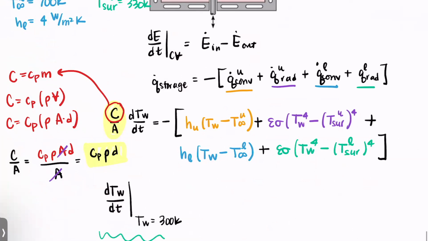I'm going to move my CP rho D over to the right-hand side, and then I'm going to plug in all the values that we have. So this is minus 1 over CP rho D times all of this.